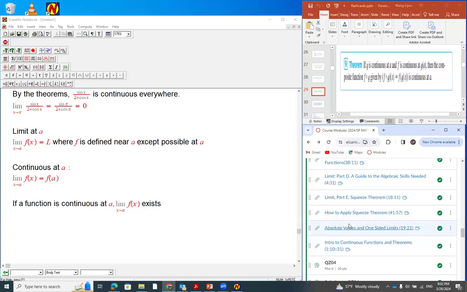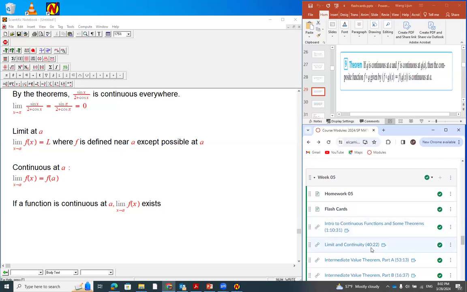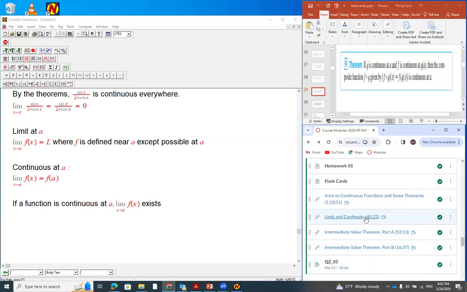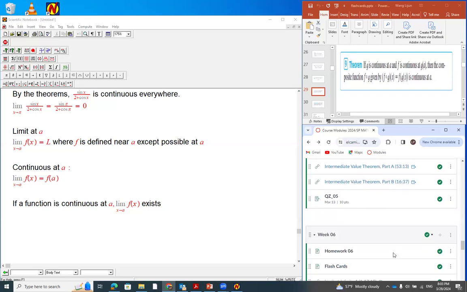I made a special session for it, so hopefully that will help you. In week number 5, besides the lectures in class, we also covered continuous functions, and I went over those limits with examples. The intermediate value theorem is a must-tested content. We also quizzed you once, and I prepared 2 recorded lessons on how to say it.